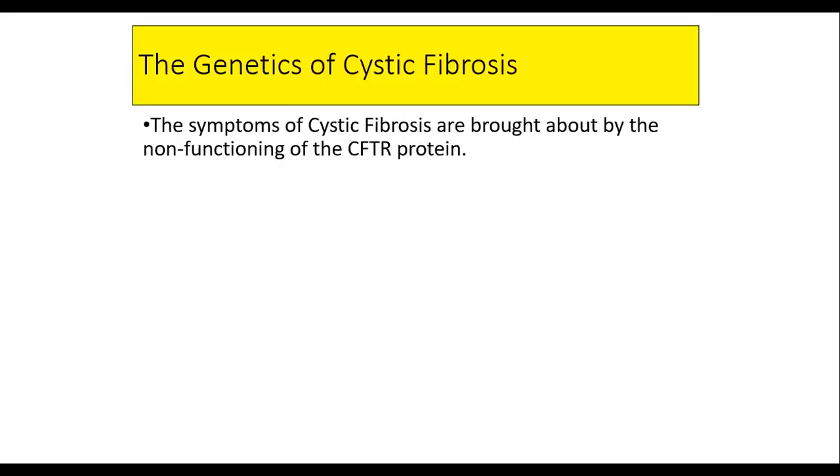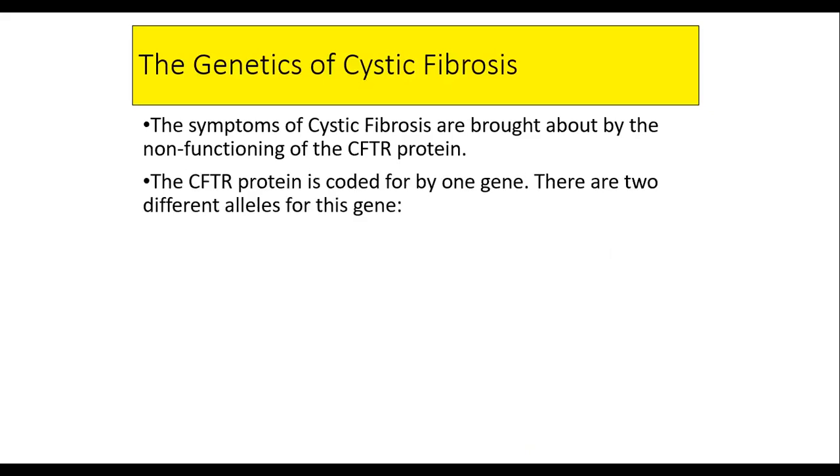So we had a little chat about cystic fibrosis the other day, so I'm going to have a little bit more about cystic fibrosis. Those symptoms where we have thickened mucus are brought about by the non-functioning of the CFTR protein.